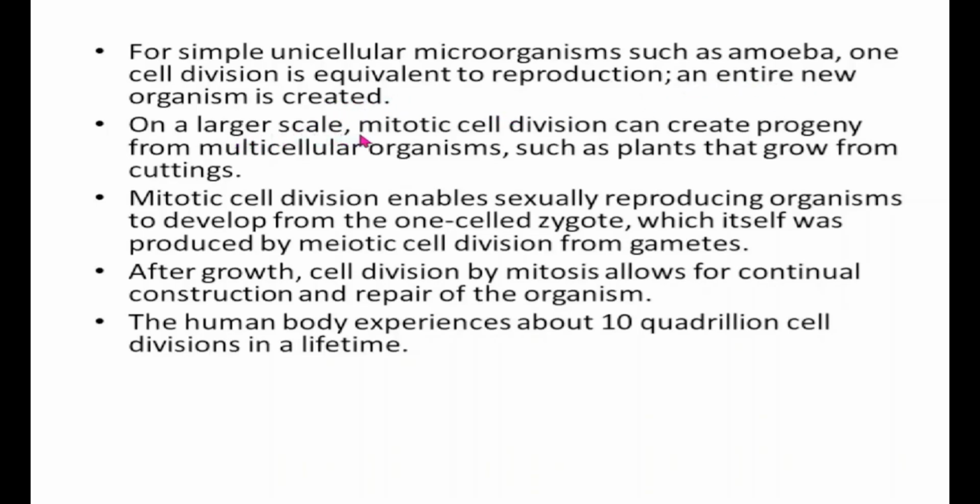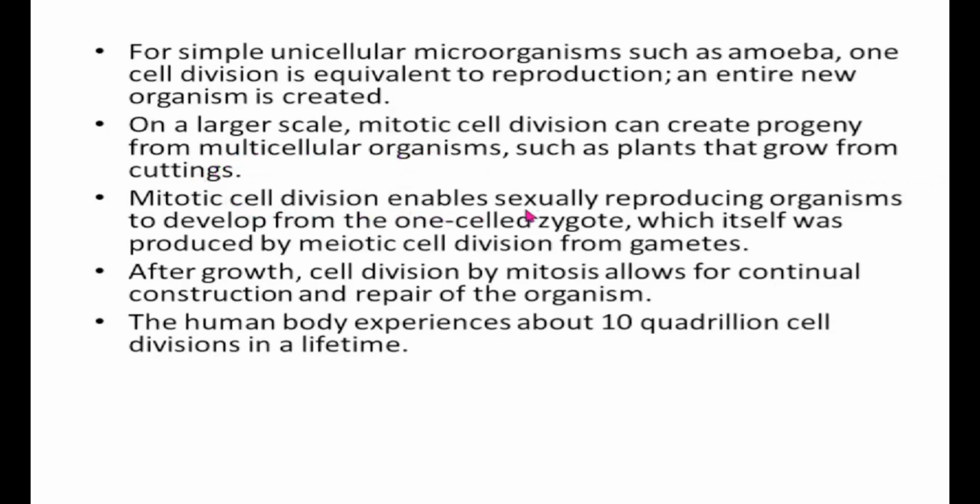On a larger scale, mitotic cell division can create progeny from multicellular organisms, such as plants that grow from cuttings. So mitosis is also important in plants for reproduction in such a way. For example, you can consider sugar cane and sunflowers; flowering plants can be reproduced in such a way.